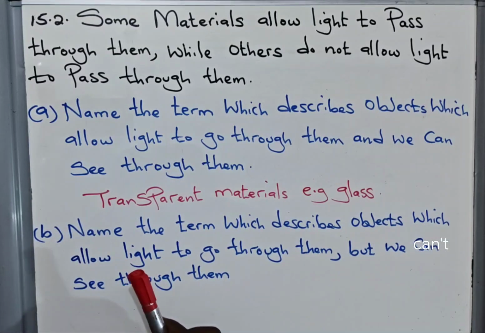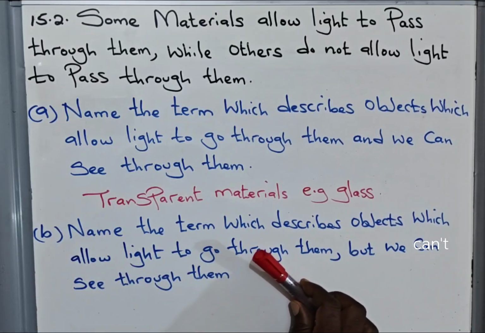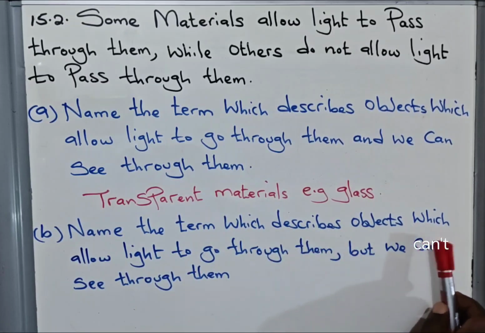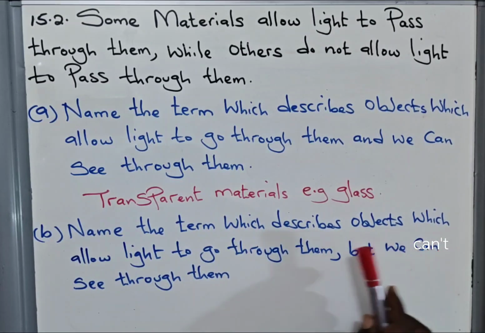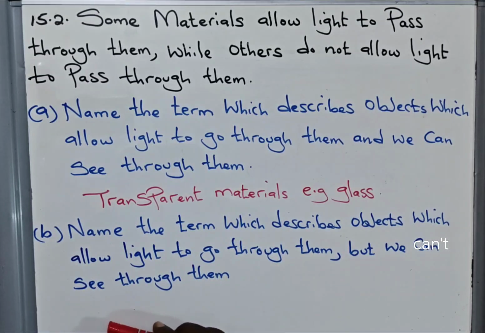Then we come to this question. It says, name the term which describes objects which allow light to go through them, but we can't see through them. How do we describe such objects? These materials allow light to go through them, but we can't see through them.